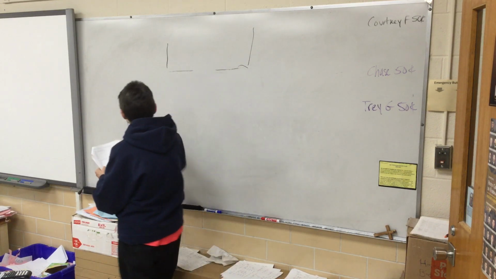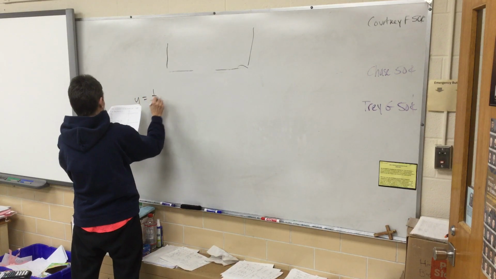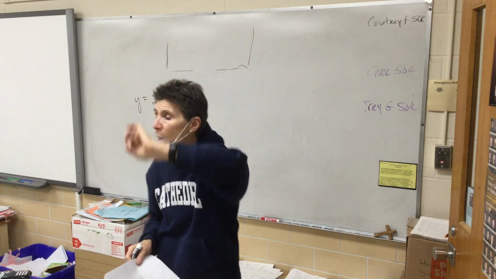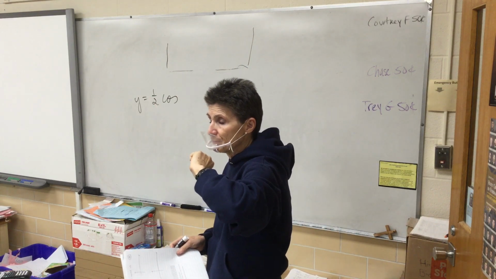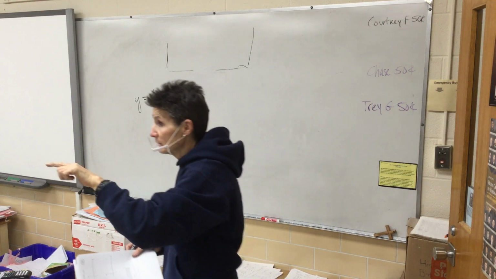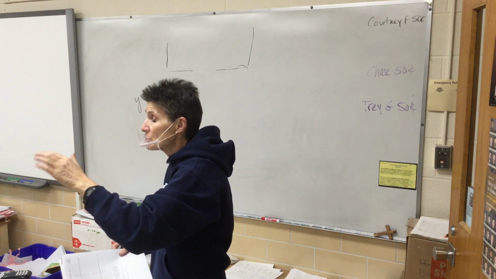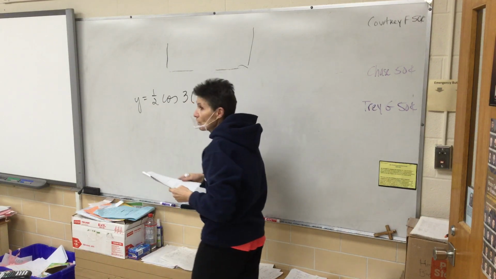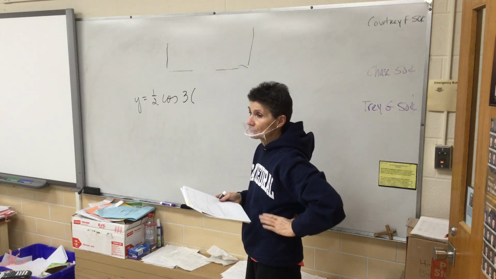All right, here we go. Y equals 1/2 cosine. Okay, tricky problem. What's different about it? Okay, and it can't be there. Okay, it can't. So the first thing we have to do is divide it out. So we have to factor out the 3.